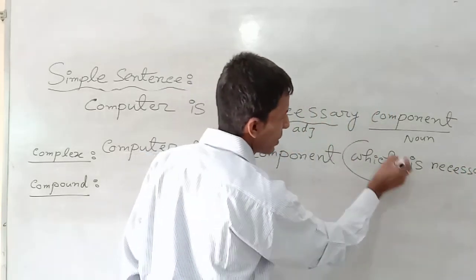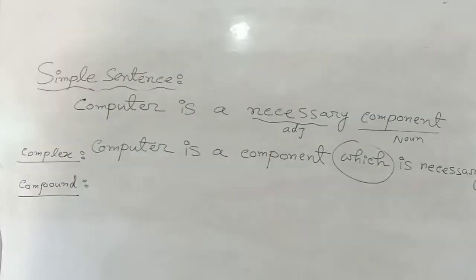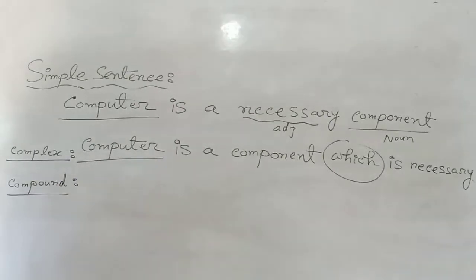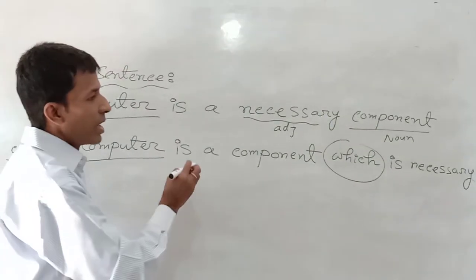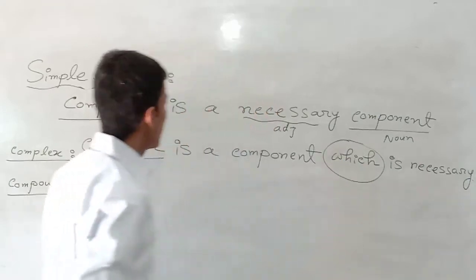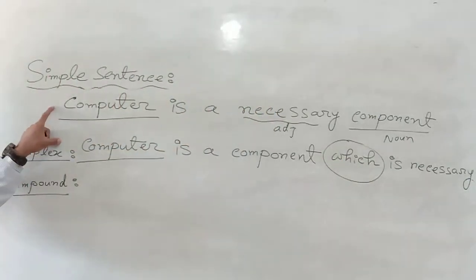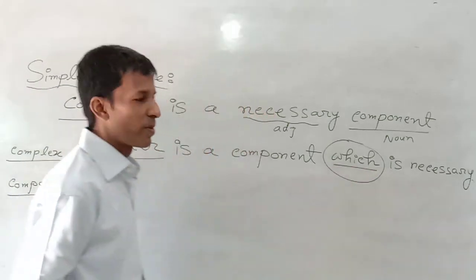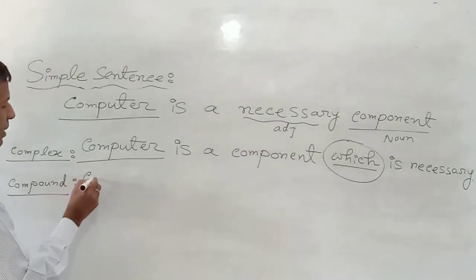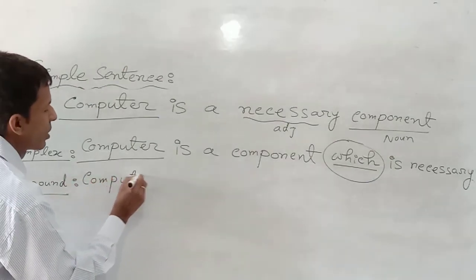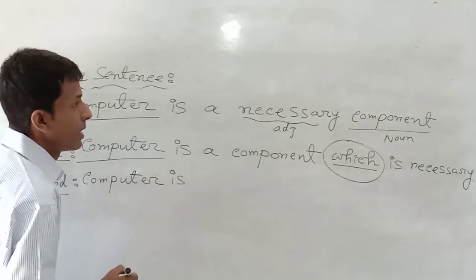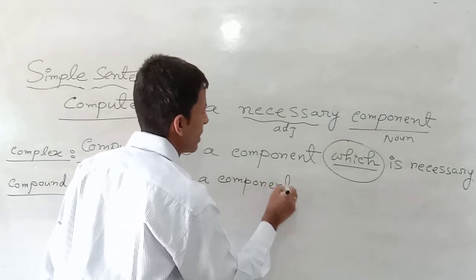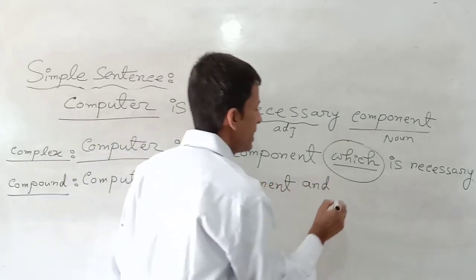Here lies the discrimination, here lies the difference between these two examples. In the previous example, the subjective case was a person, Mr. Raihan. As a result, we will have to use the relative pronoun who. But computer is not a person. This is an element or component. For this reason, I have used here which as the relative pronoun. In the compound sentence, I will have to write computer is a component and it is necessary.